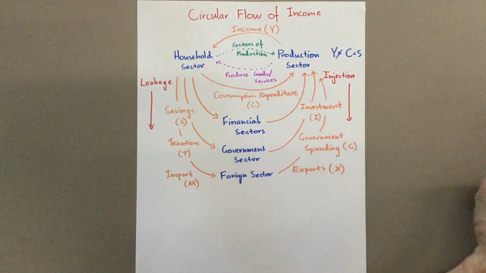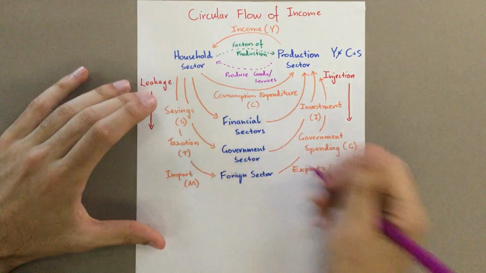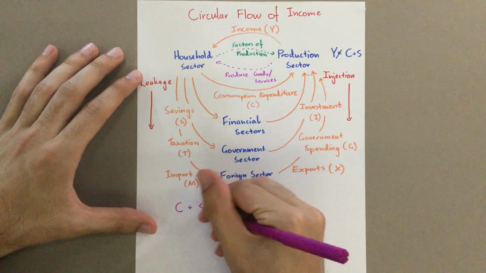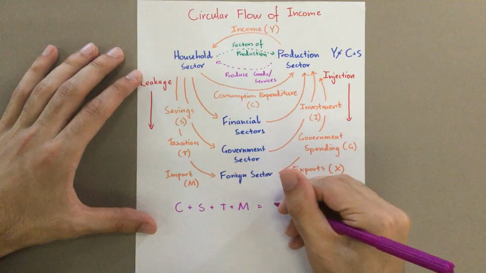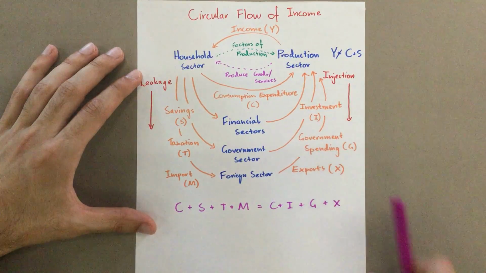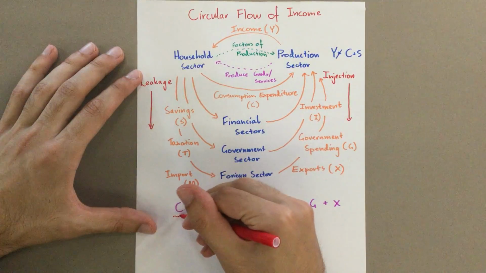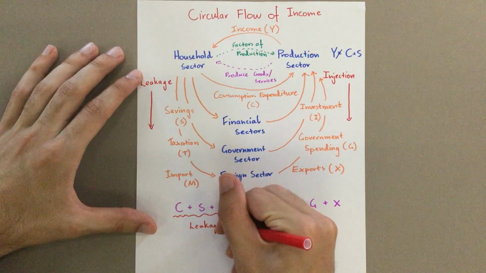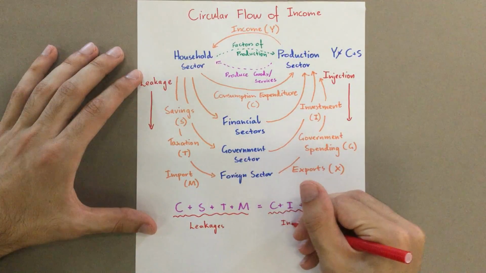We can actually represent this rather than in a model, we can represent it in an equation as well. And the equation will look like this. C plus S plus T plus M is equal to C plus I plus G plus X. Now, if we have a closer look at this equation here, what we notice is on one side, we have our leakages, and on the other side, we have our injections.